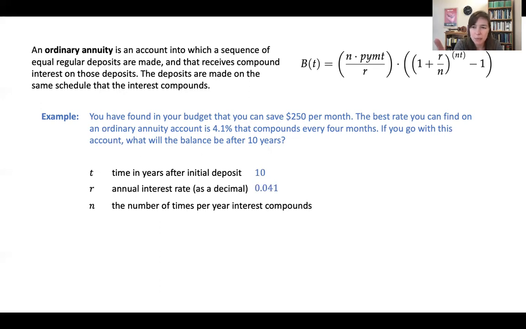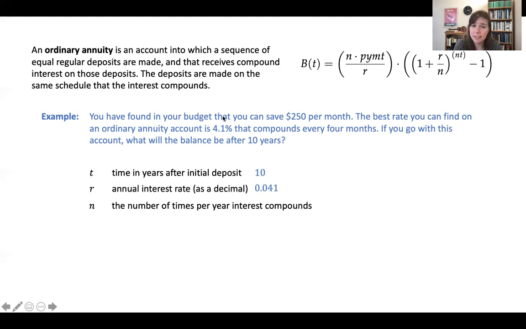I want you to stop and think about this for a second. Pause it if you need to. How many times per year is the interest compounding? I see students often tempted to say 12, because most of the time interest is compounding monthly and your N is going to be 12.